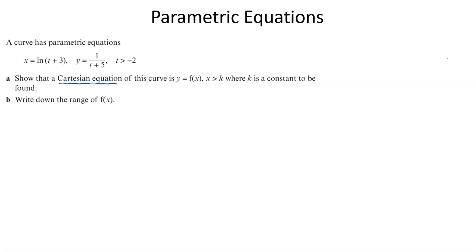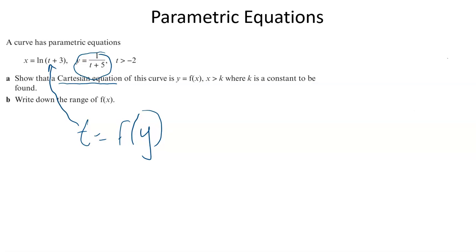Okay, well, it's very straightforward to do this. I say it's very straightforward. What you can do is reorder one of them to be t equals. So if we change this one into t equals a function of y, then we could just substitute that in and rearrange it until we get y equals.